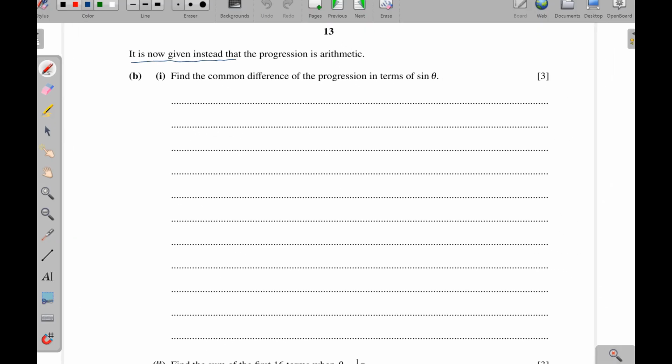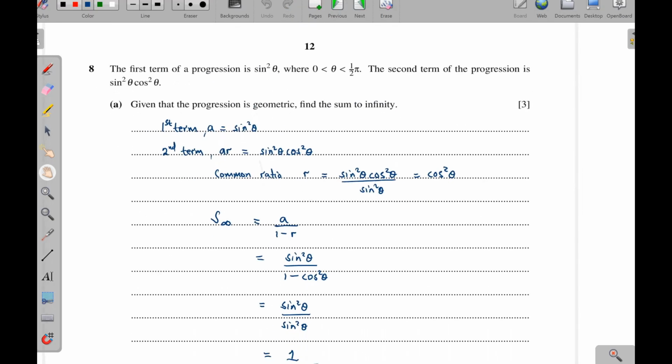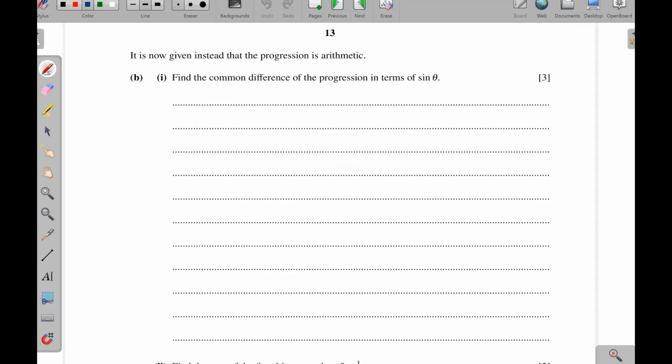It is now given instead that the progression is arithmetic. Part B, Roman 1, find the common difference of the progression in terms of sine theta. Now, part B is also under this stem here. Okay, this is the whole stem of the question. So the first term is this one, and the second term is this one here. So the first term, which is also denoted as a, is equal to sine squared theta.